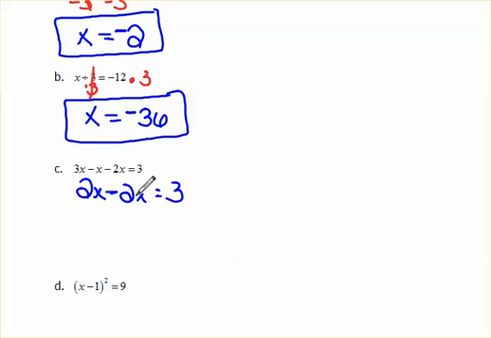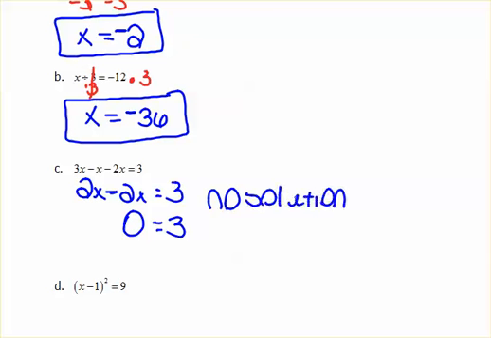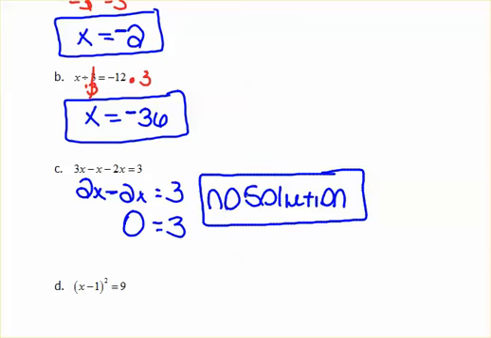So 2x minus 2x, well, anytime you have an item and you completely take it away, it becomes 0 equals 3. Now that doesn't make any sense because it's not a true statement. This is what tells you that there is no solution to this problem. There is no x value that you can use that will work in this problem.